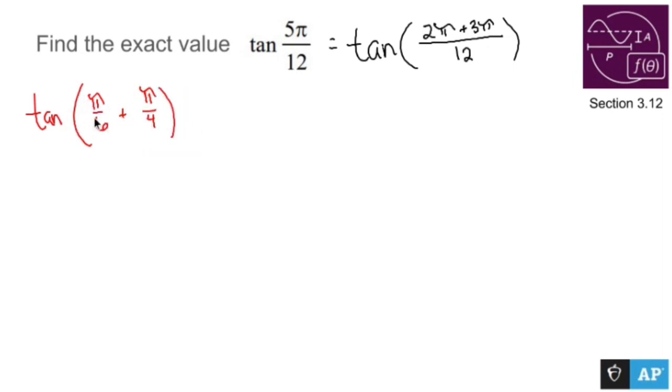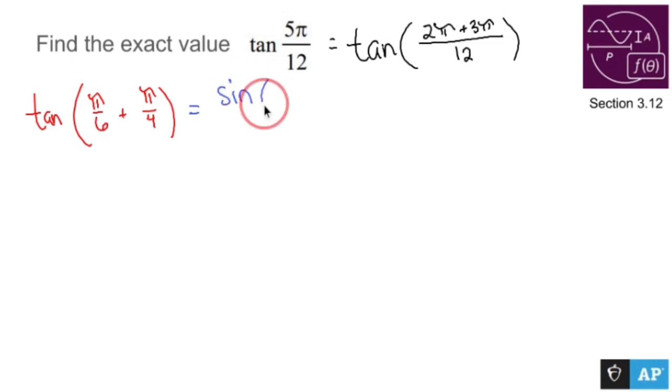Now, you may have the sine and the cosine addition properties memorized, but you probably don't have the tangent. So I'm going to go about this in probably the longest way possible, just in case you don't have tangent memorized. Tangent is the same as sine over cosine.